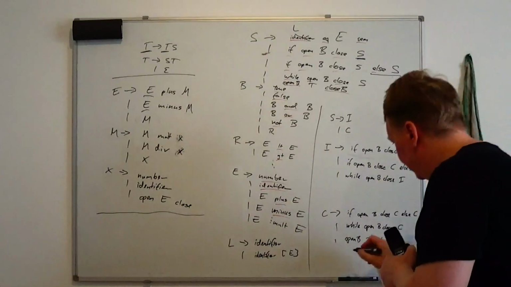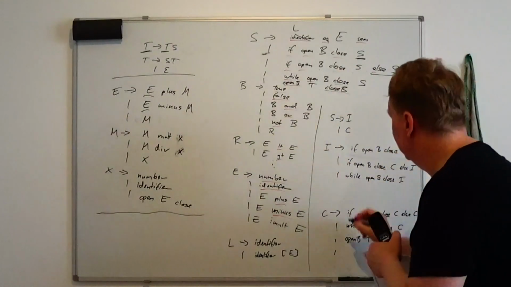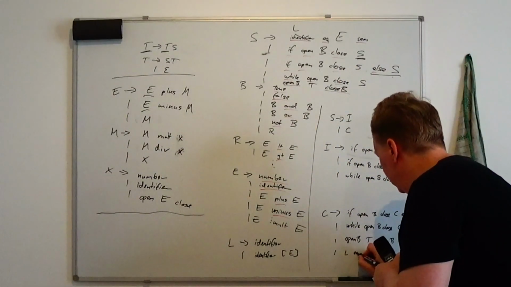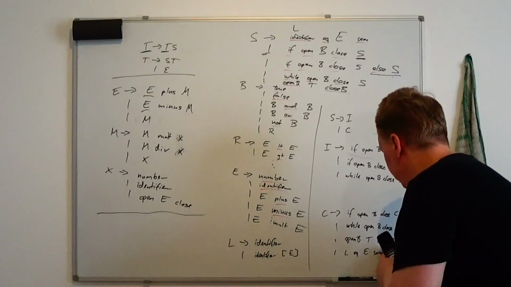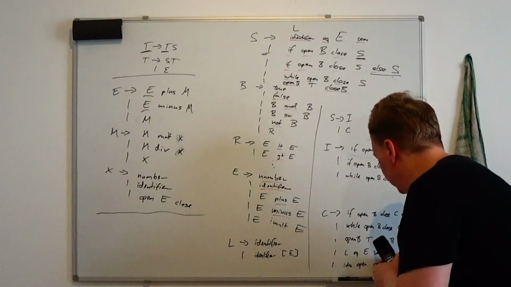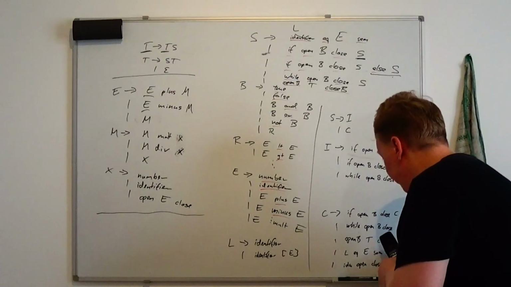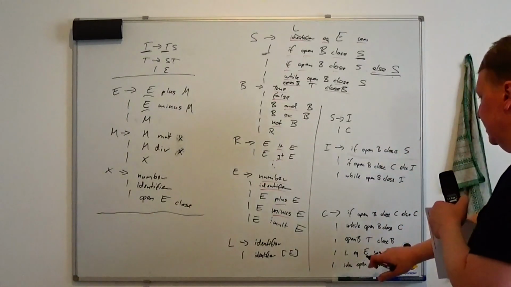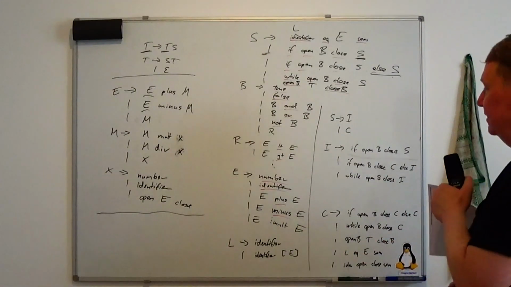And everything else, like function calls and assignments like L equals expression semicolon, or identifier open close semicolon, for example, are just complete because they are not missing anything.